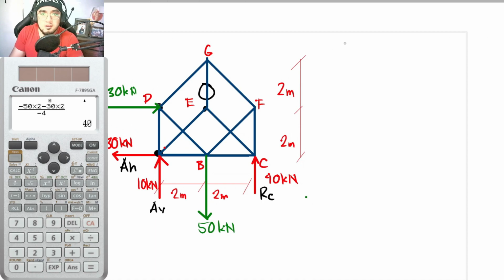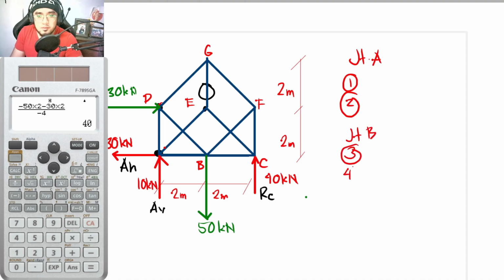the first joint, joint A, you can formulate two equations. So let us name them equation 1 and equation 2. Then for joint B, let us name them equation number 3, equation number 4. For joint C, we have equation number 5, equation number 6.